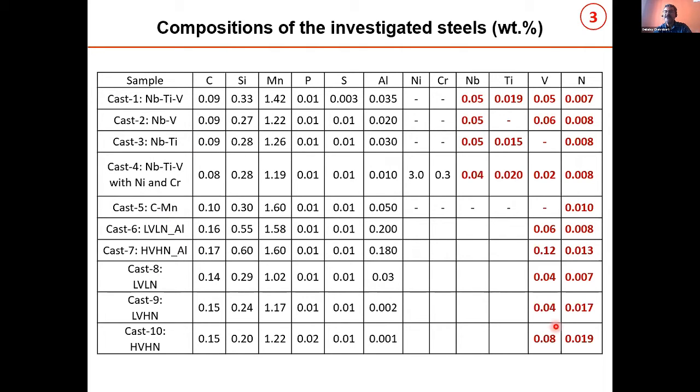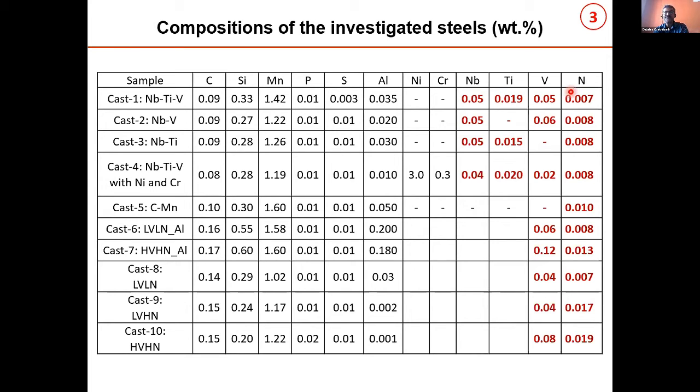Here you can see that we have varied the vanadium and nitrogen concentration, because nitrogen is also considered to play a very important role in vanadium steel. But the top grades, casts 1, 2, 3, 4, are all niobium and titanium containing steels with some amount of vanadium and nitrogen as well.